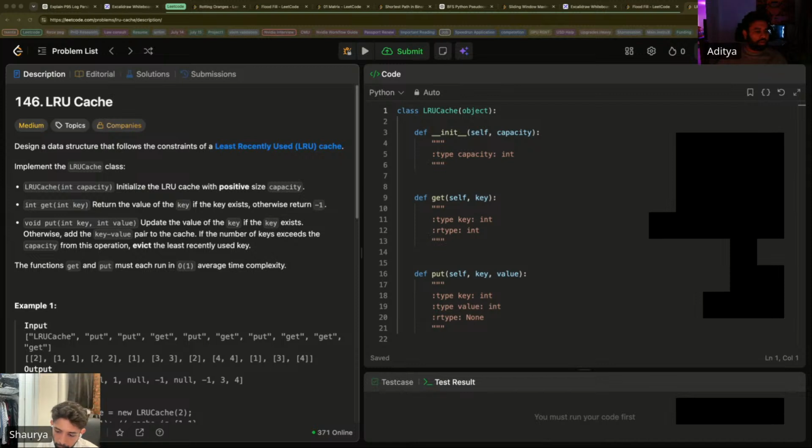Key, object dot get key. LRU cache, and then we are gonna do put.